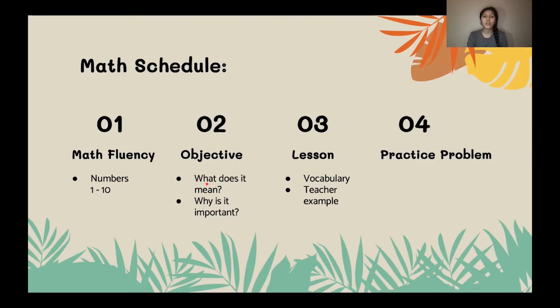We're gonna go over what does the objective mean, why is it important, okay? And then the third thing we're gonna do is the lesson. I'm gonna have some vocabulary for us, and then we're gonna have some teacher examples that you can see. And then the last thing we're gonna do is some practice problems, which you're gonna need a piece of paper and some pencils, okay?